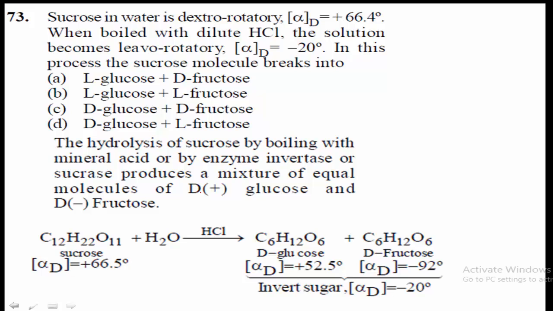The angle of rotation would be plus 52.5 degrees for D-glucose and minus 92 degrees for fructose. Inverted sugar, its angle would be minus 20 degrees. Therefore, option C is the right answer. That is D-glucose plus D-fructose will give minus 20 degrees.